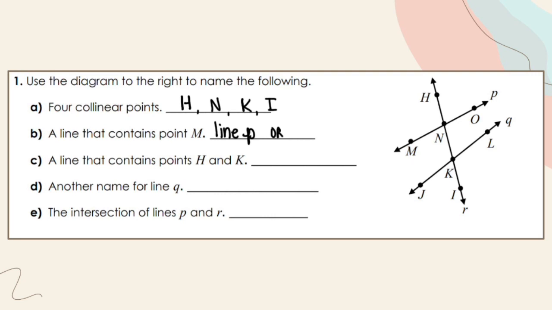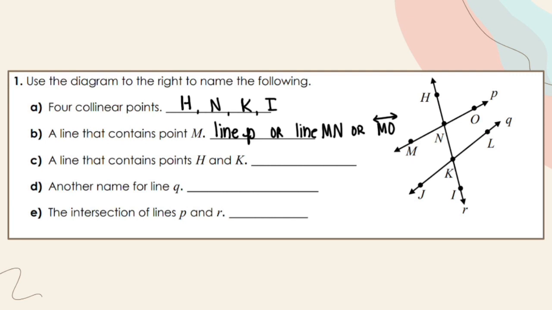Or we could name it line MN, or we could name it MO with the line and arrows on top. So all of those would be acceptable. You do not have to have all of them on your paper, but I want you to see that there are multiple correct answers to some of these questions.